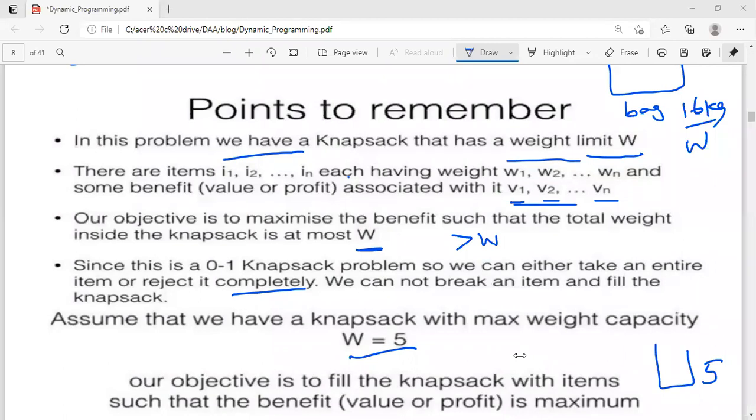First is the item, i. Second is the weight. Third is the value or profit. Here we need to get the maximum profit and add items in the bag.